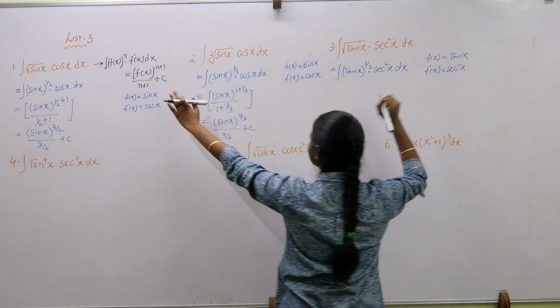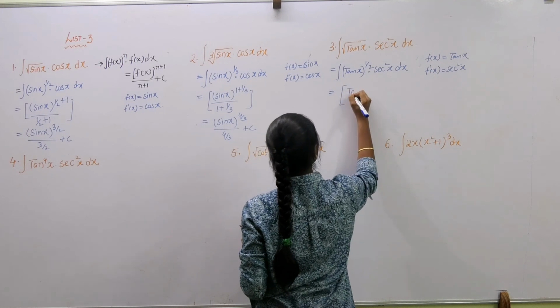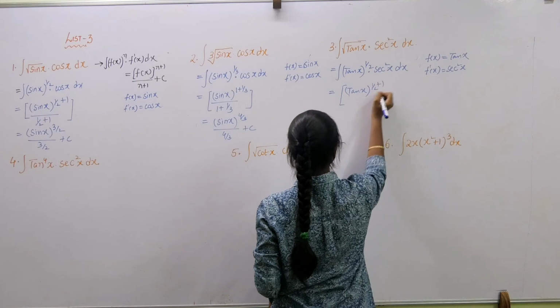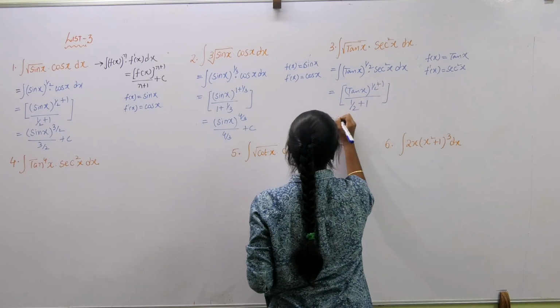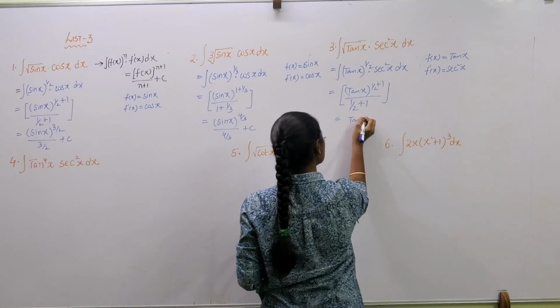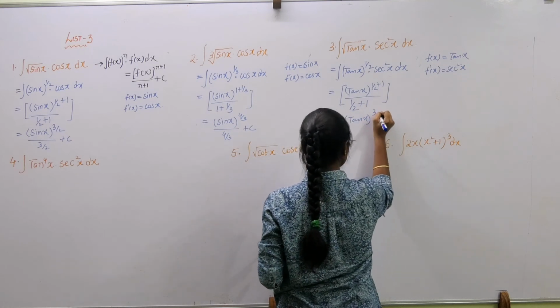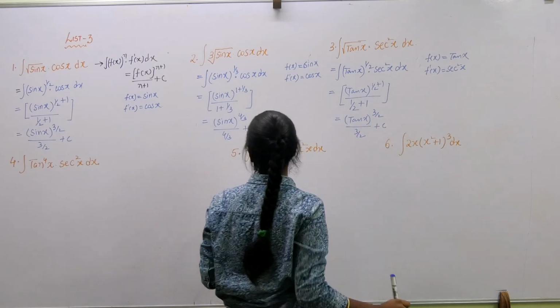So we substitute this formula, then we get (tan x)^(1/2+1)/(1/2+1), which equals (tan x)^(3/2)/(3/2) + c.